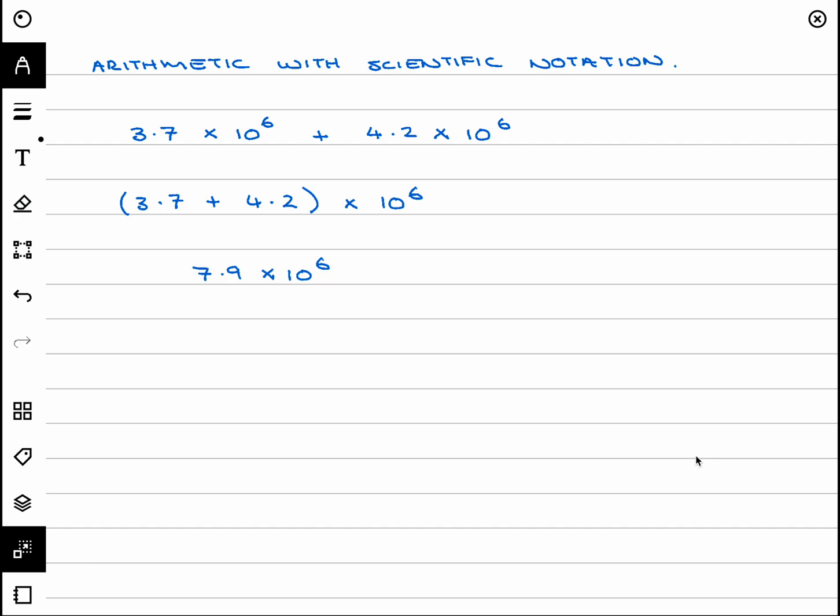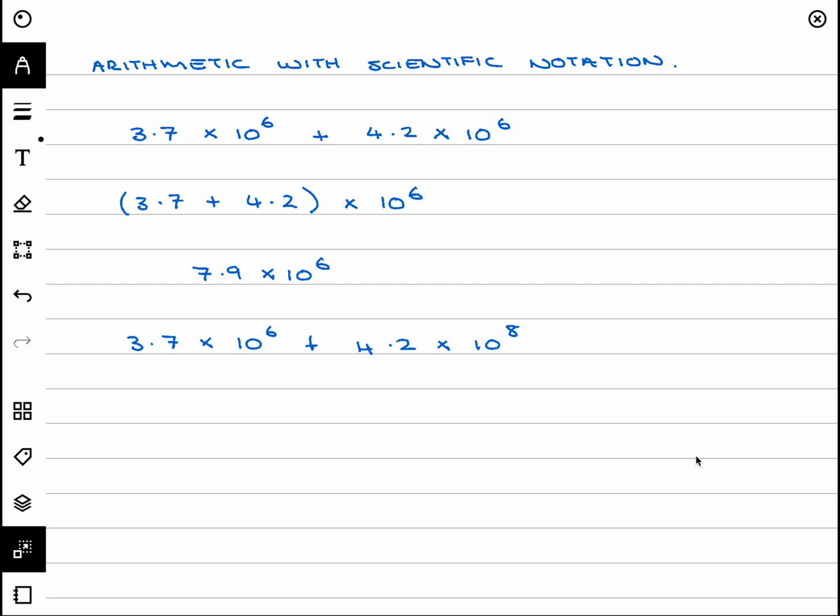If you're dealing with values that have, let's say, 3.7 times 10 to the 6 plus 4.2 times 10 to the 8, which value is our larger of the two? This 4.2 times 10 to the 8.